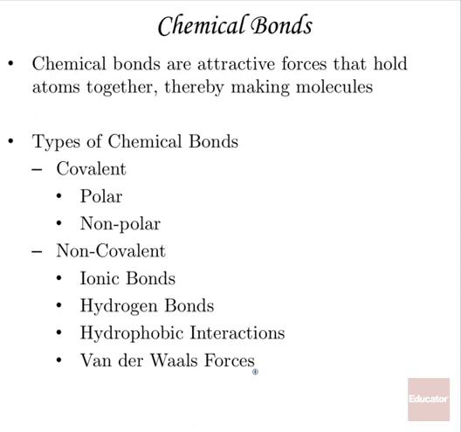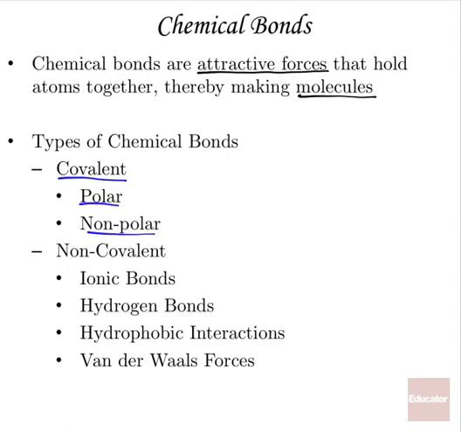So, chemical bonds are attractive forces that hold atoms together, thereby making molecules. So, at least 2 atoms together. Our types of chemical bonds are covalent, which are much stronger bonds. They can be either polar or nonpolar.